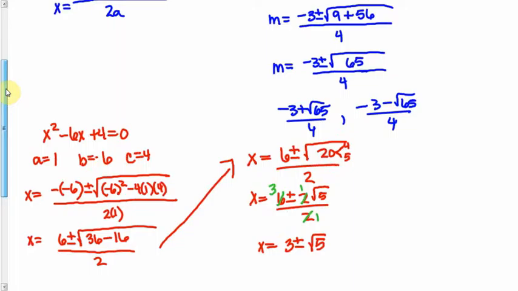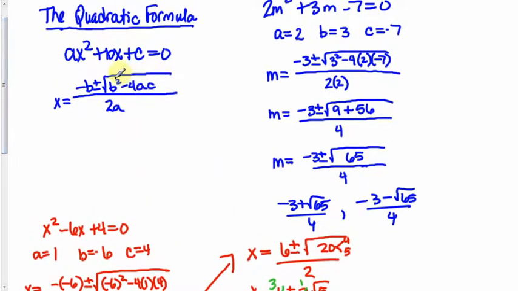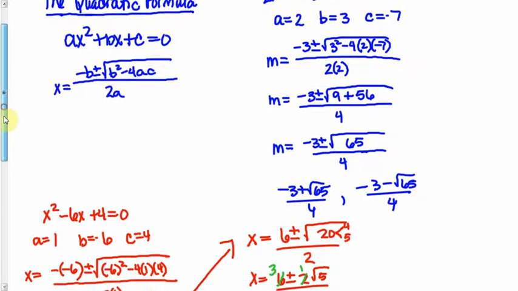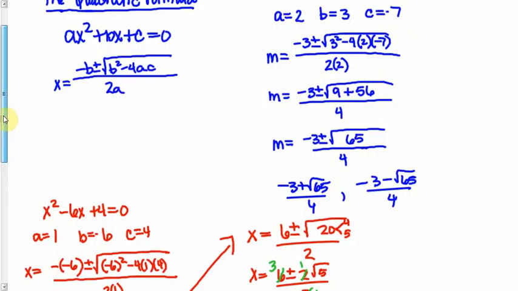Now what I want to talk about is a part of the quadratic formula. This piece of the quadratic formula, the part that's underneath the radical, b squared minus 4ac, is very special. It's so special it has a name. All right?